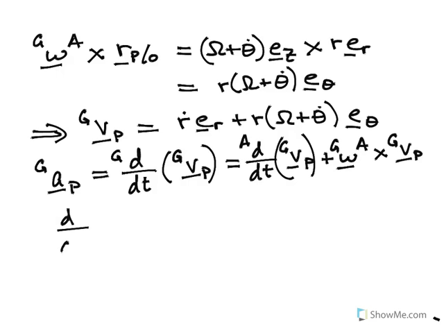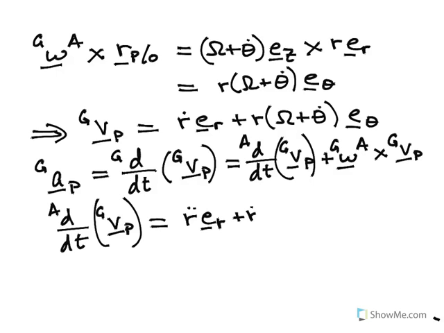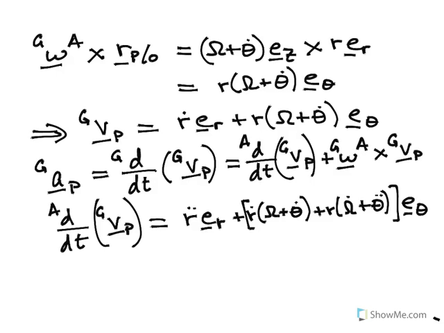Now d dt in A of Vp in G is equal to, well, if I'm an observer fixed to frame A, the only things that are changing are these components. So I get R double dot ER plus R dot times omega plus theta dot plus R times omega dot plus theta double dot times E sub theta.